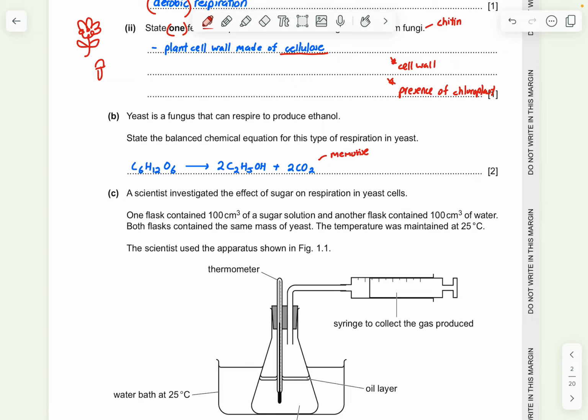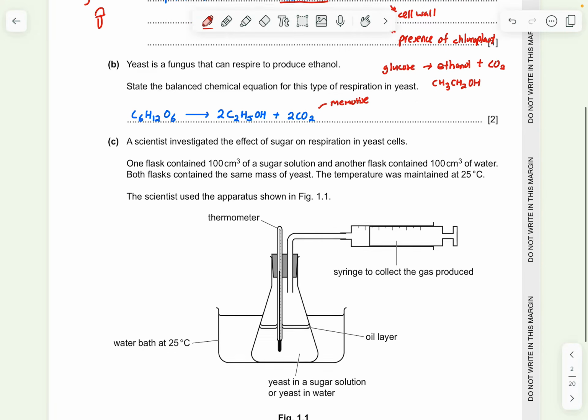If you did take chemistry, you just basically remember that from glucose they produce ethanol, and then you will get CO2. Ethanol, you know, is CH3CH2OH. So you can just make it as C2H5OH plus CO2. Balance up the equation, make sure the left hand side is equal to the right hand side, then you are set. These are the 2 marks you're going to get.